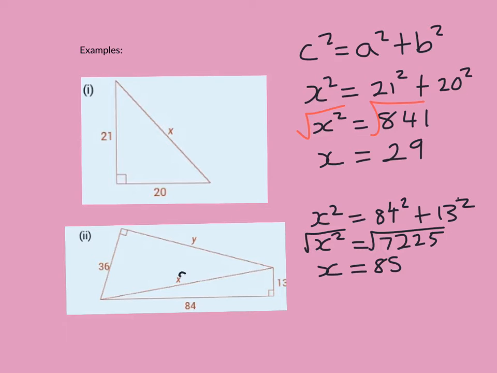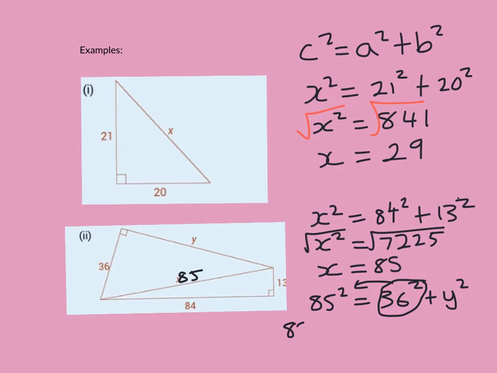So x is 85. And now for my second triangle, my hypotenuse in this case you can see is 85, because that's the side that's opposite the right angle. And then one of my sides is 36. So what I get is 85 squared is equal to 36 squared plus y squared. And if I want to find out what y squared is, I am going to bring this whole thing over to the far side.